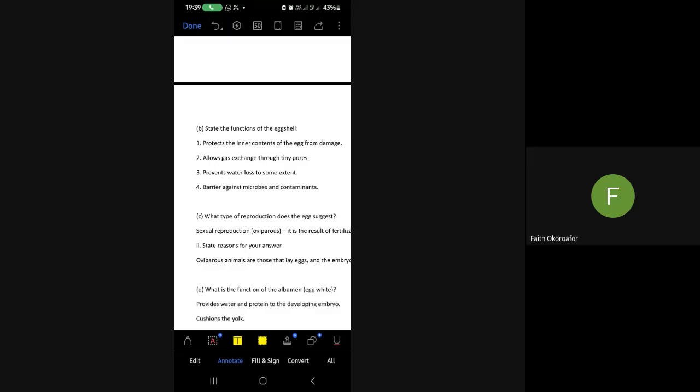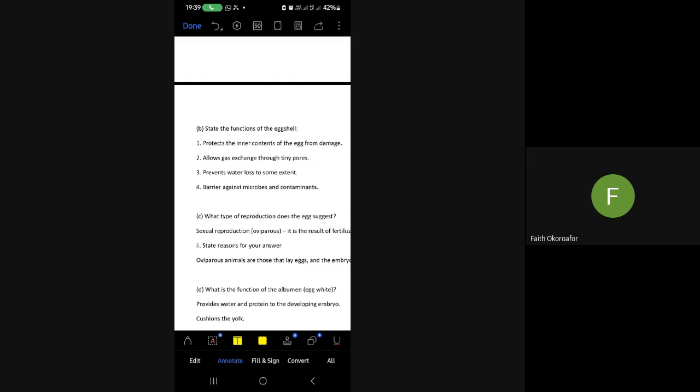Now, the egg is a cell, it is a gamete, and it is a living cell. So the shell permits oxygen in and out in order to keep the egg alive. It also prevents water loss.